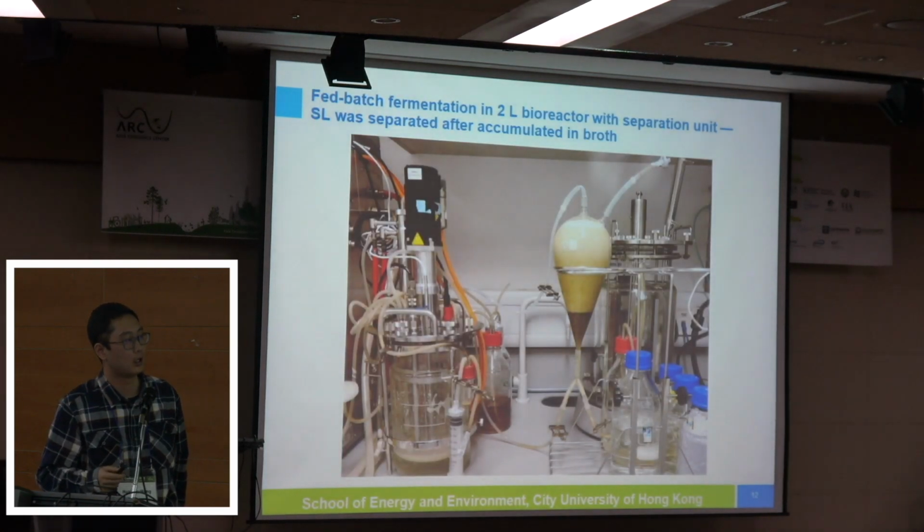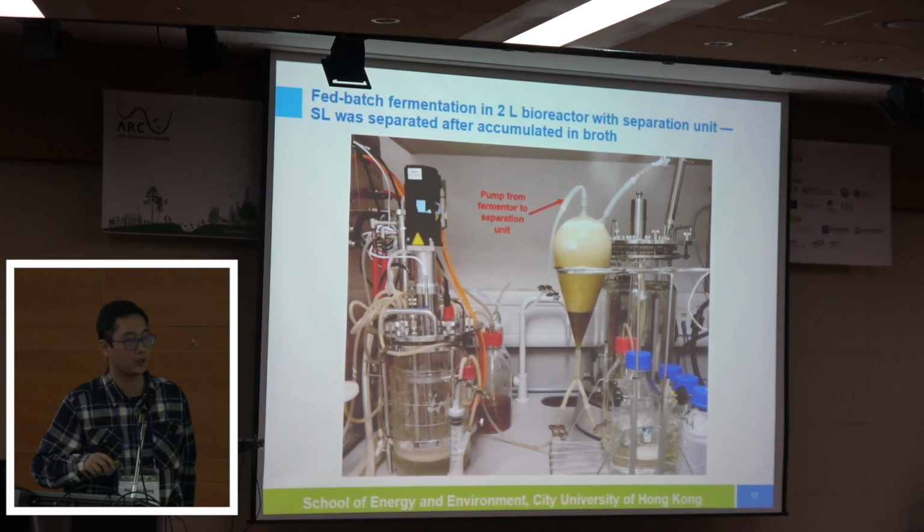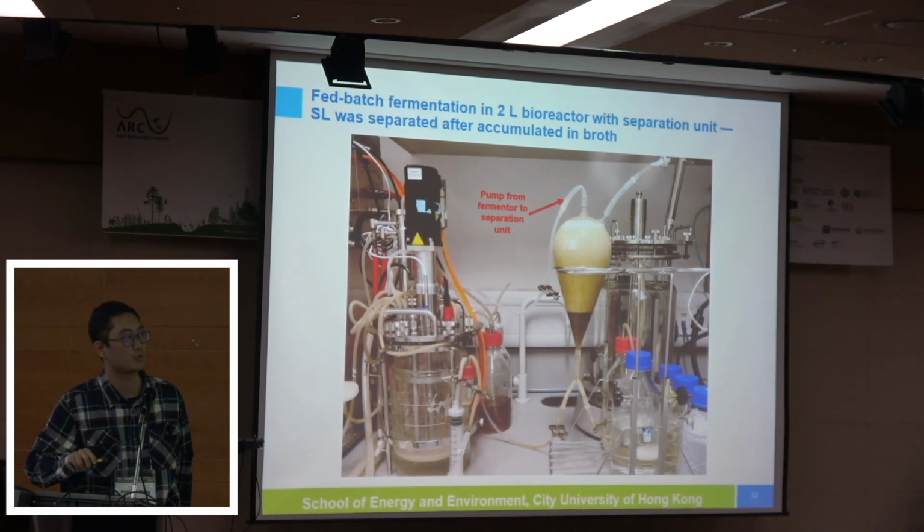And here is our in-situ separation design. First we ferment here, and when we detect the sophorolipid concentration at a certain level, we know it can be condensed, and we pump the fermentation broth to the in-situ separation unit. After it's condensed, we provide some air pressure to push the sophorolipid to the collection bottle here.